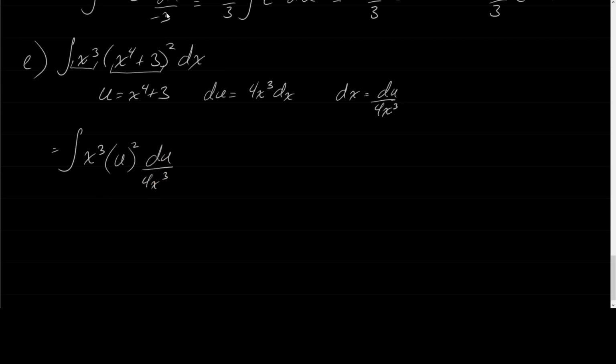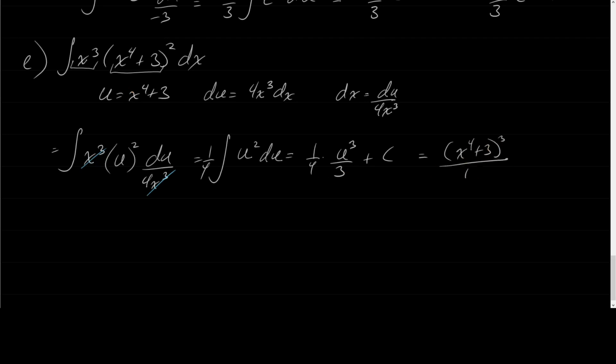The x cubes cancel each other out, and we end up with 1/4, because of this 4, 1/4 integral of u squared du, giving us 1/4 times u to the third over 3 plus c. But the problem was not about u, so put it as x to the 4 plus 3 cubed over 4 times 3, which is 12, plus c.